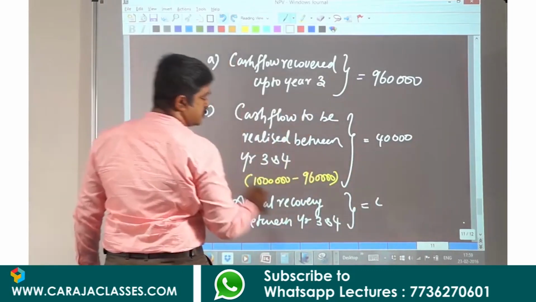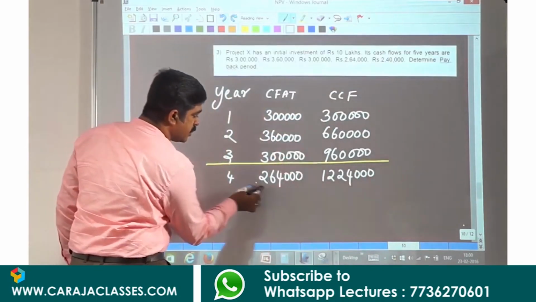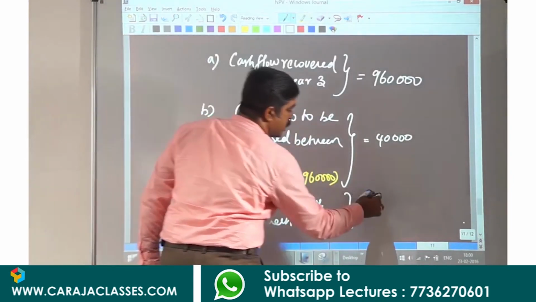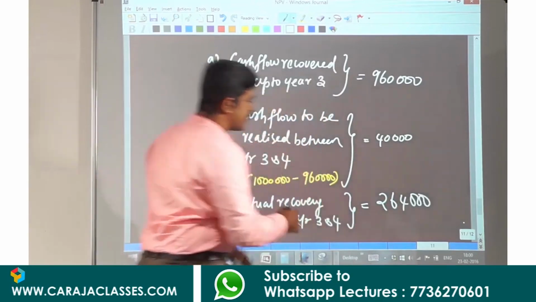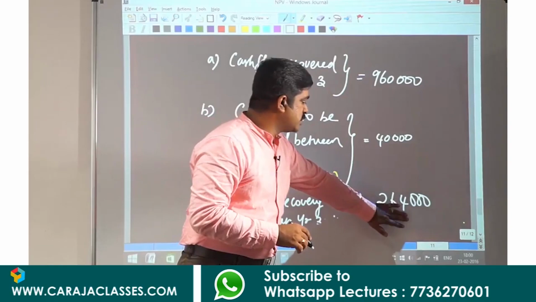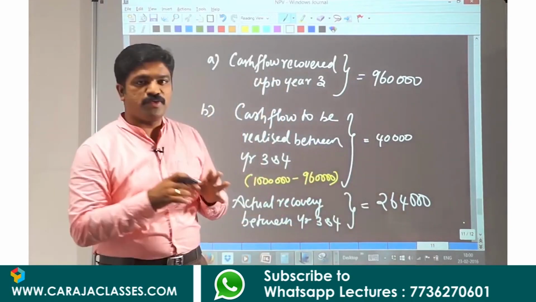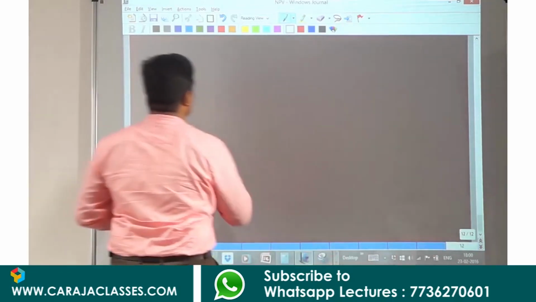The actual recovery between year 3 and 4 is 2,64,000. So we'll write that it is 2,64,000. Now you have the information. Actual recovery between year 3 and 4 is 2,64,000. What you want to recover is 40,000. So now you have to find out what is the time period taken.